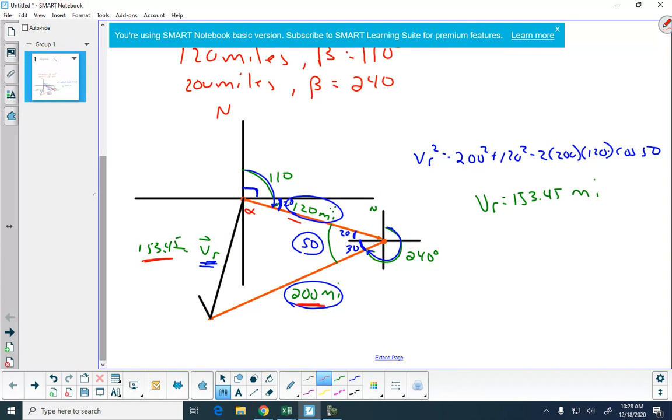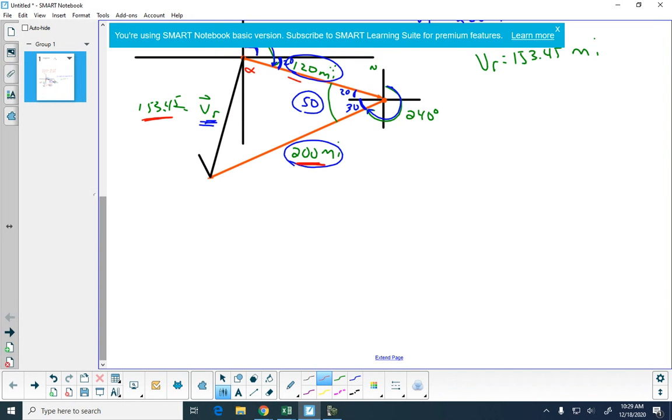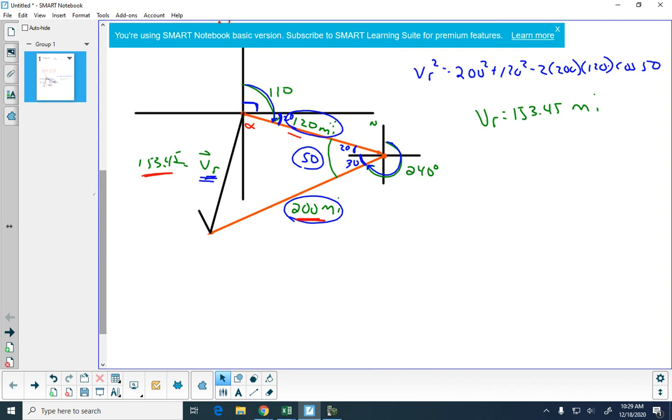If I use my law of sines, we won't know if this is supposed to be the supplement or the original angle, the principal value that we come out with of our calculator. So what we should do when we see we're across from the biggest side is use your law of cosines, because your law of cosines will always get you the correct answer because there's only going to be one of them.